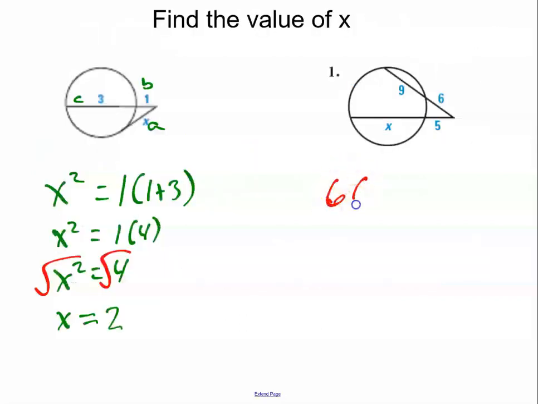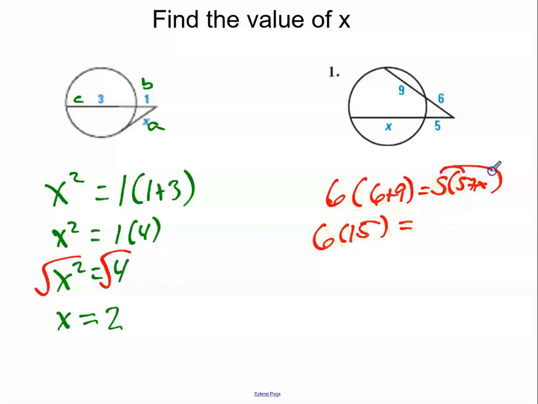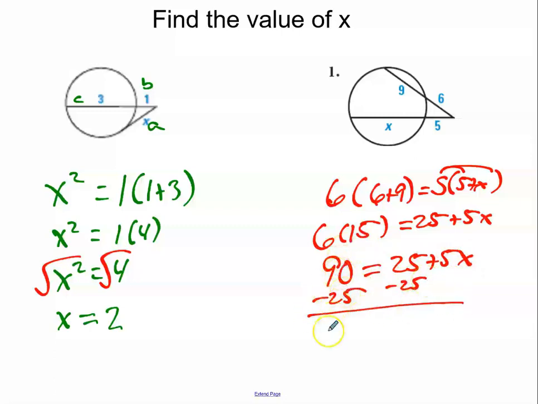So it's going to be 6 times 6 plus 9 equals 5 times 5 plus x. 6 plus 9 is 15. 5 times 5 plus x is 25 plus 5x. 6 times 15 is 90. 90 minus 25 is 65. And 65 divided by 5 is 13.